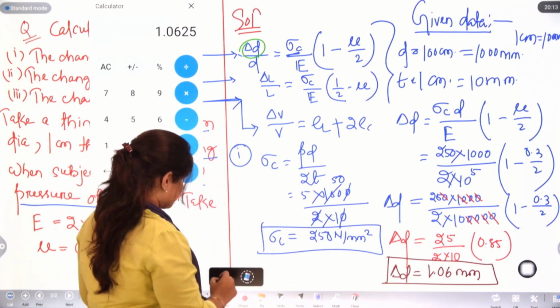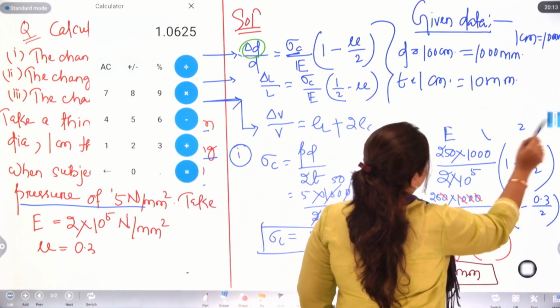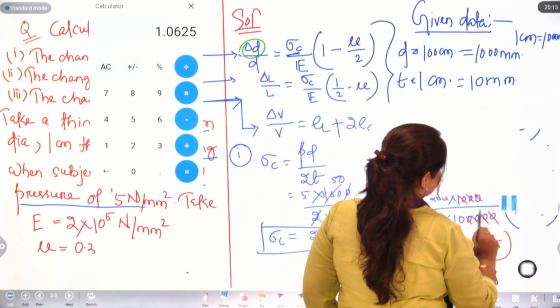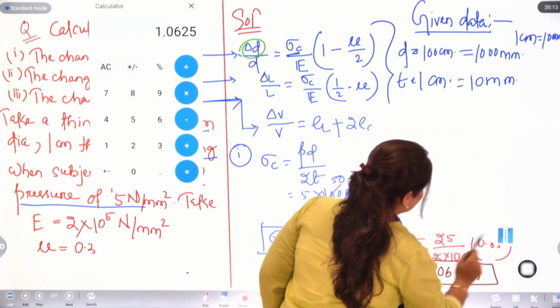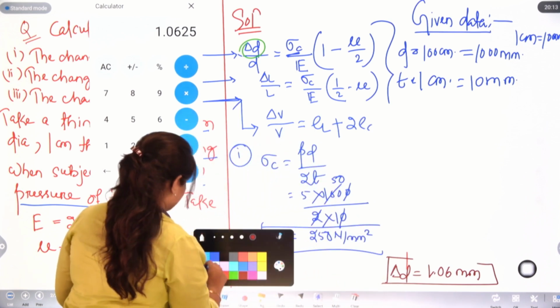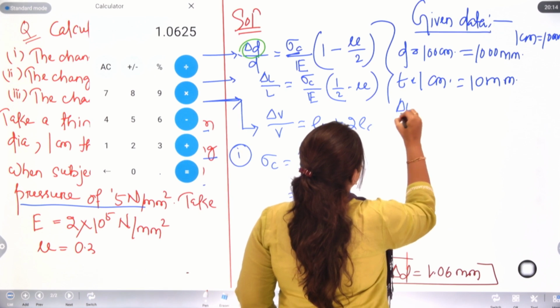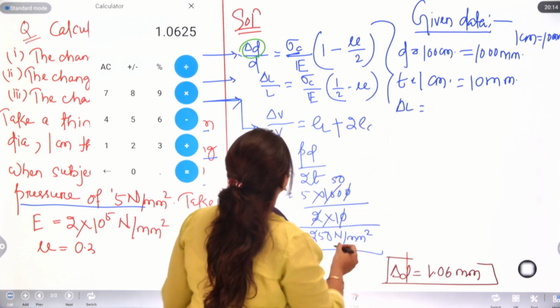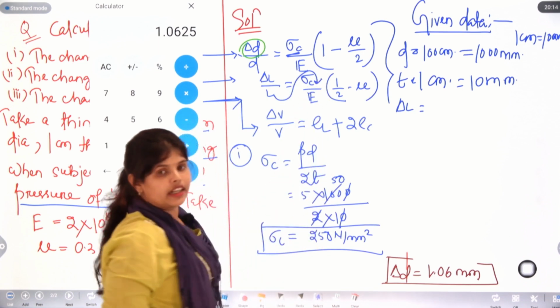Next, what we will calculate? We will calculate our del L value. I need to calculate here only because the values are here. Okay. So del L is what? We can shift this L to this area.